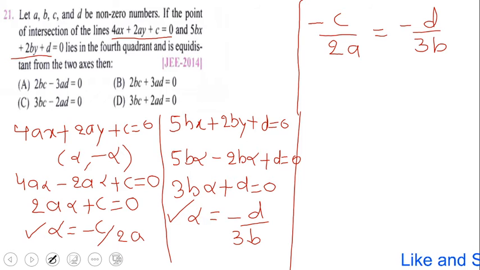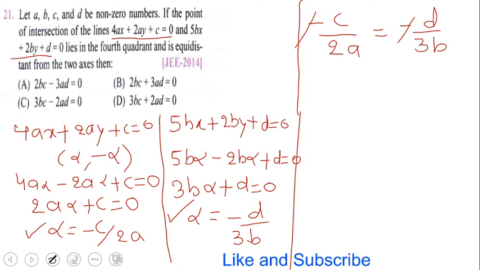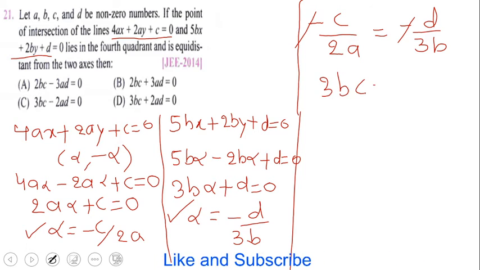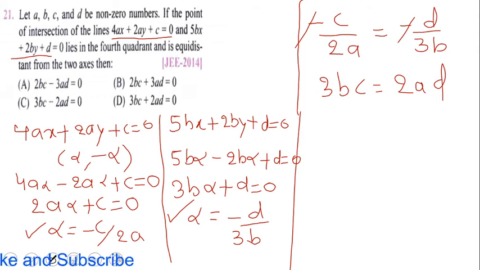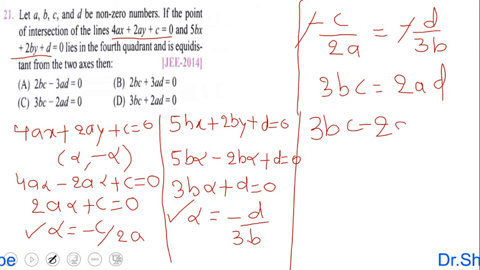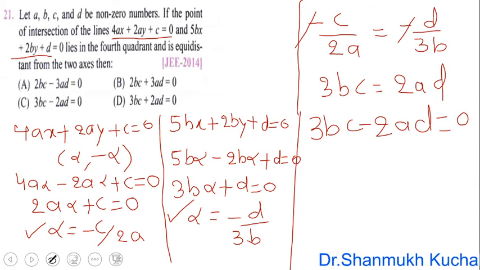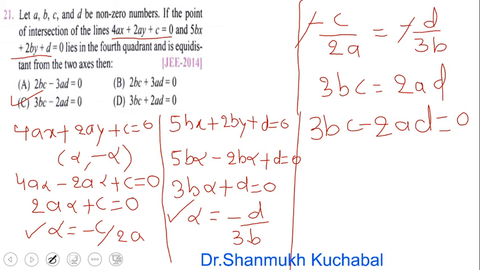Both sides, the minus signs cancel, so transposing, 3bc equal to 2ad. Taking 2ad to the LHS, we get 3bc minus 2ad equal to 0. So clearly option C is the right answer here. So like this we have to simplify here.